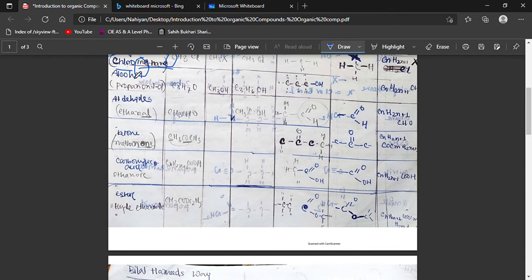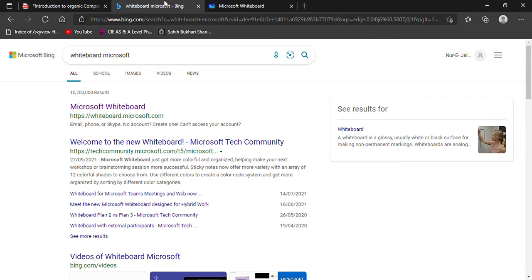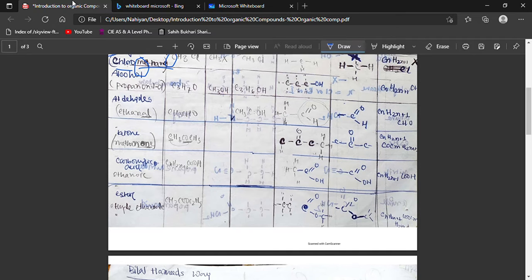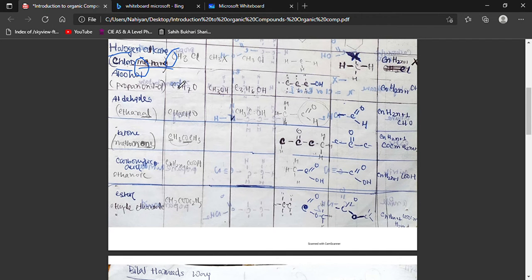So moving on to alcohol. For alcohol, you have a hydrocarbon and the functional group that defines it as alcohol is the hydroxyl part, OH.